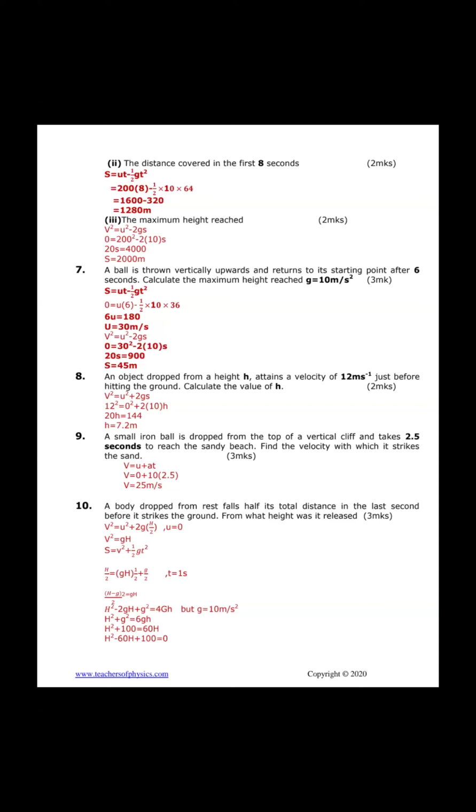For you to calculate questions under these concepts, you first must know the relationship between acceleration and gravity in free fall, and acceleration and gravity in vertical projection. I'm sharing a question here so that we do it together.